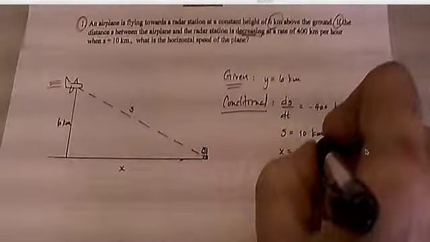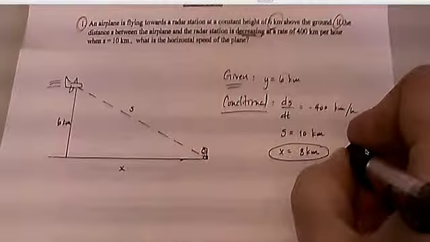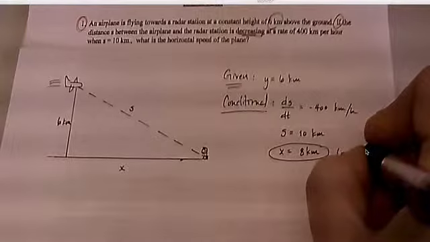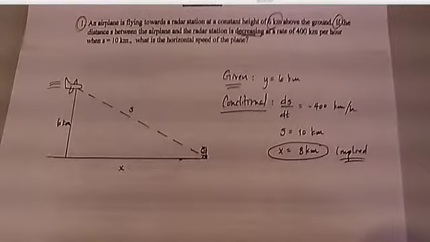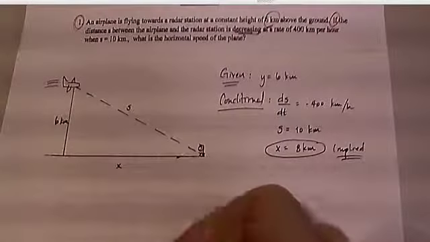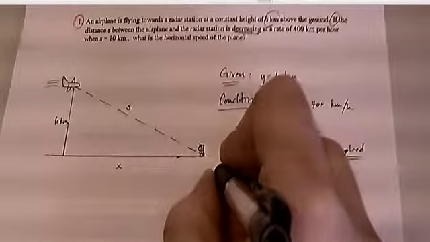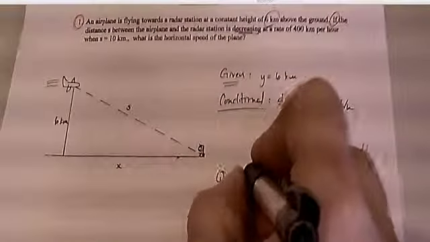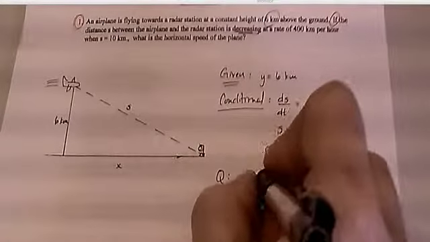It is a 3, 4, 5 right triangle, but that piece of information is implied. It is not explicitly given. Now, what I'm being asked for is what is the horizontal speed of the plane? So your question is, what is dx/dt?